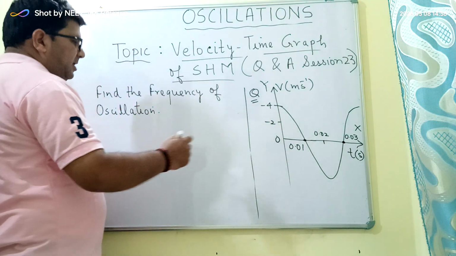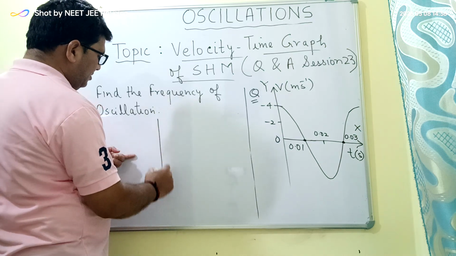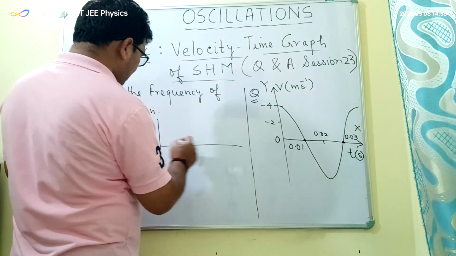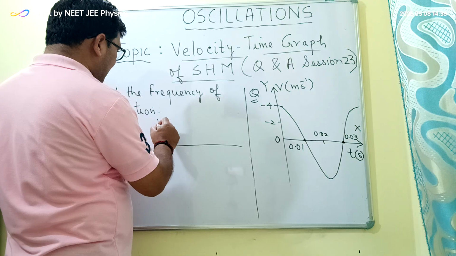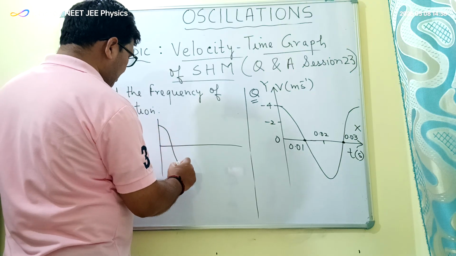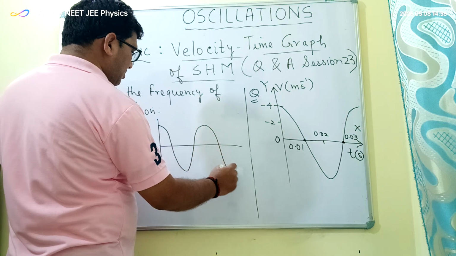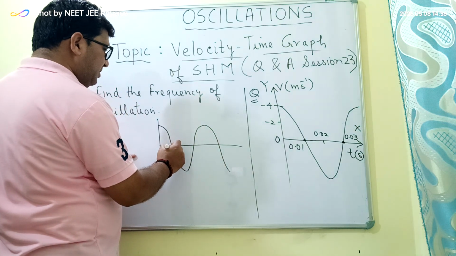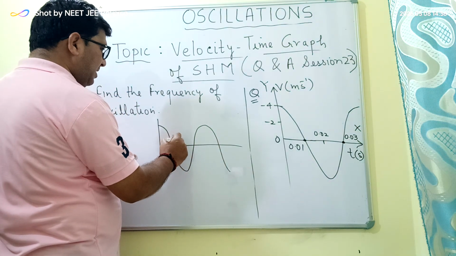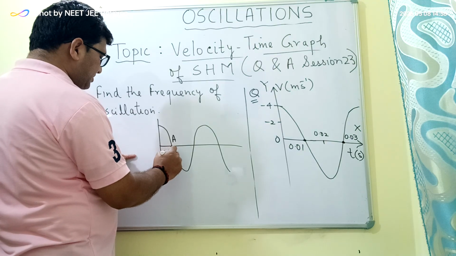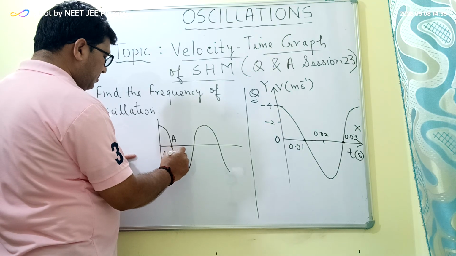So, here in this graph, the graph is something like this. So here this point is, let us say this point is A, and this is at the time 0.01 second.